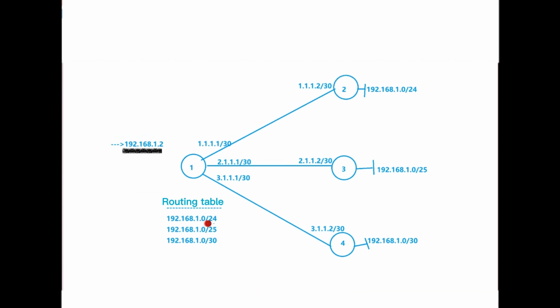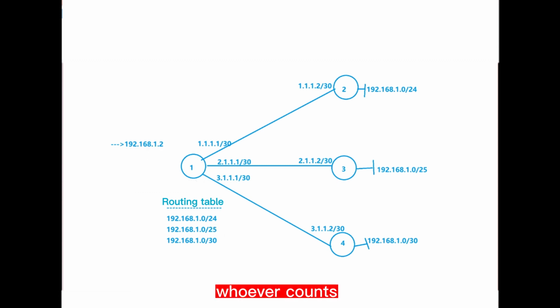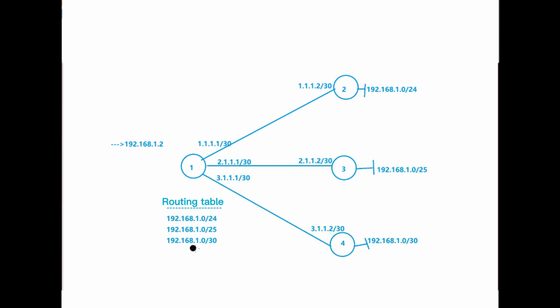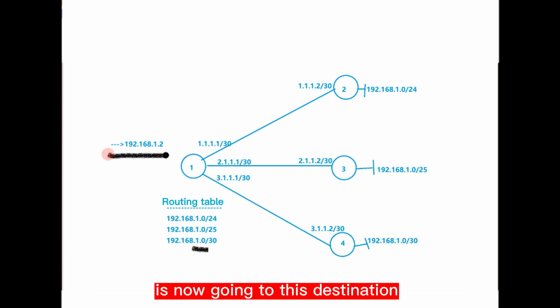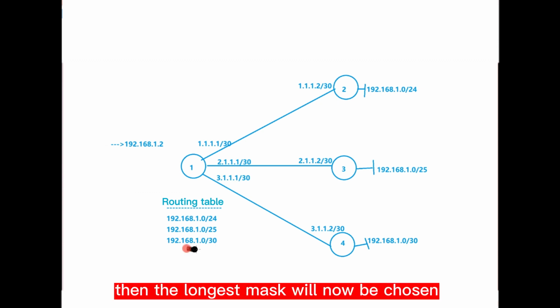Look, the 24-bit can match it; the calculation is the 1.0 network segment. Both 25 and 30 are calculated with it. Whoever counts, calculated and found that this network segment, it means that the data is now going to this destination. All can match. Then the longest mask will be chosen.